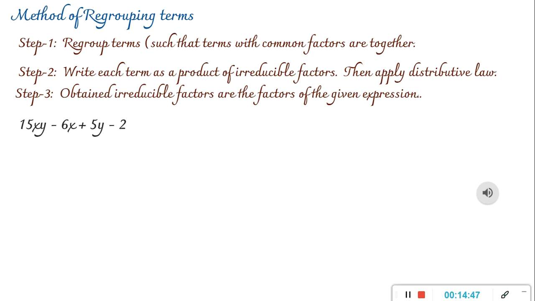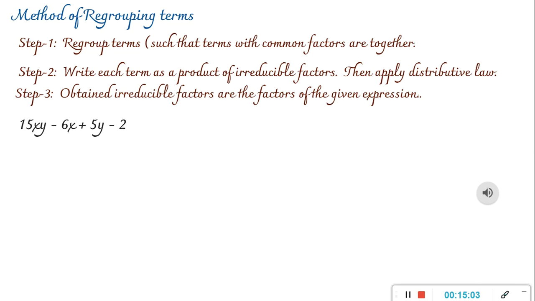So our first step would be to regroup the terms such that terms with common factors are together. Looking at these 4 terms, can you tell me which terms have more common factors?